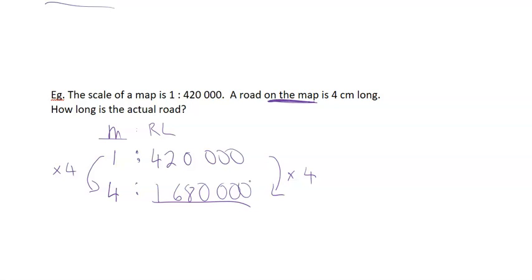Okay, now how long is the actual road? So yes, technically 1,680,000 centimeters is a distance. However, if someone said to you, how far away from the park do you live, you're not going to speak in millions of centimeters. It's just not reasonable.